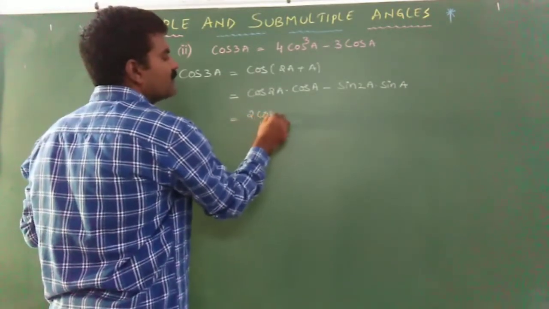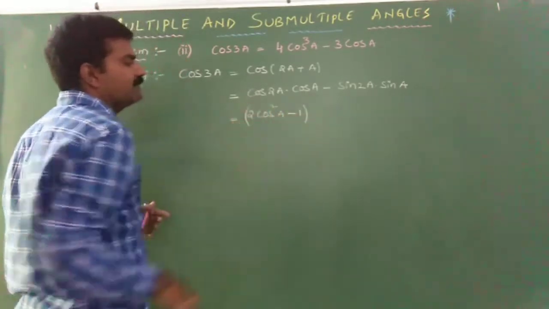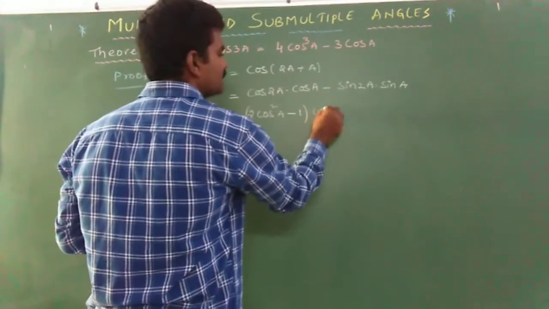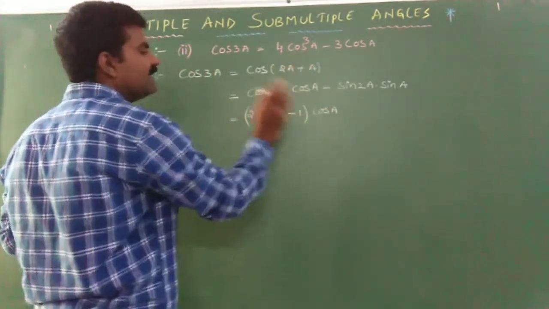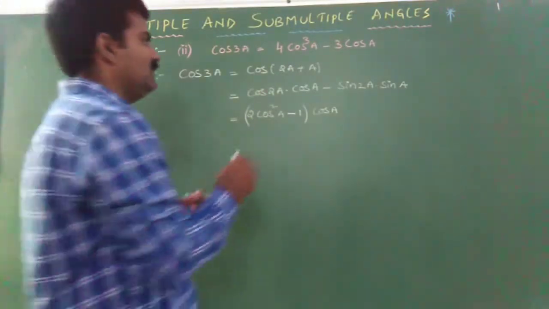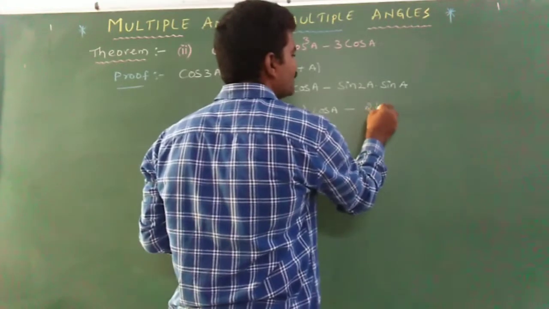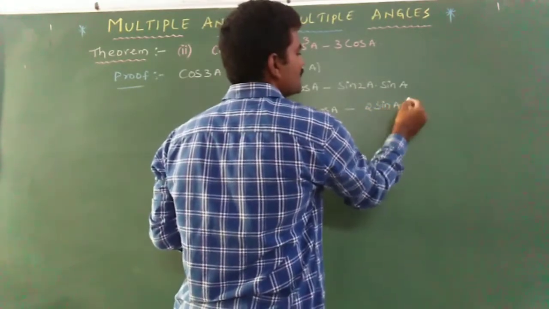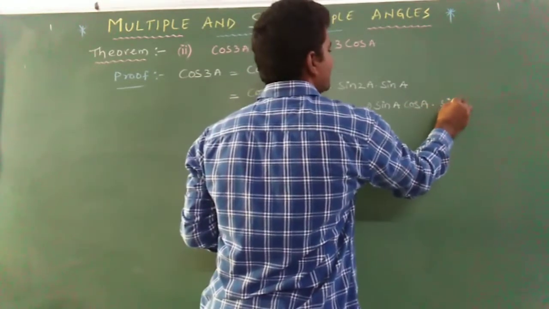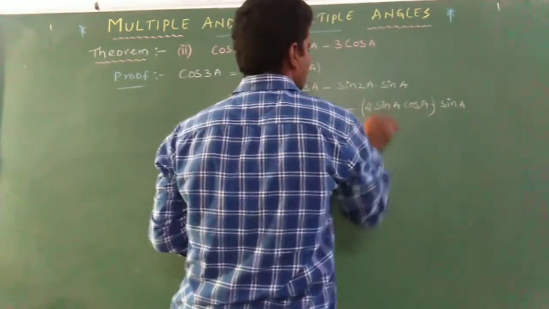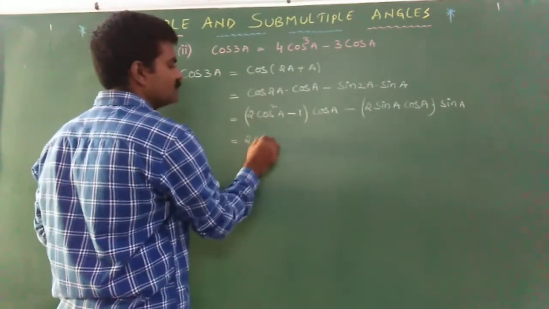So the formula for cos 2a is 2 cos square a minus 1, into cos a, because RHS is entirely in terms of cos. And coming to sin 2a, we have a single formula for sin 2a, so 2 sin a into cos a, into sin a.